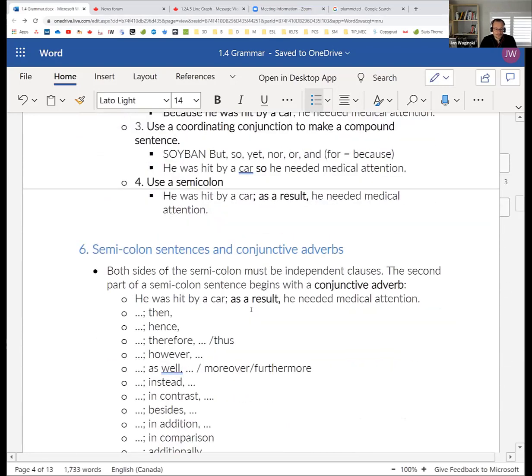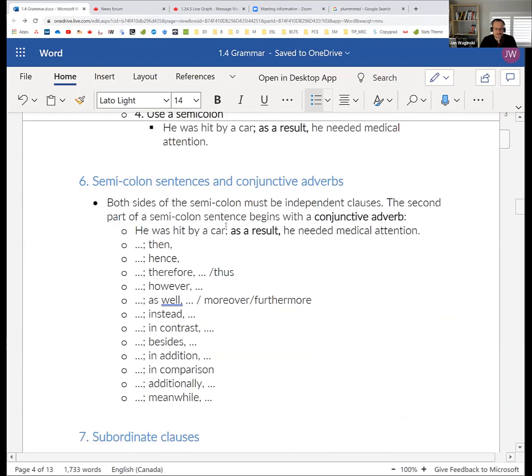Okay, so this brings us to semicolon sentences. In terms of the formula, both sides of the semicolon must be independent clauses.